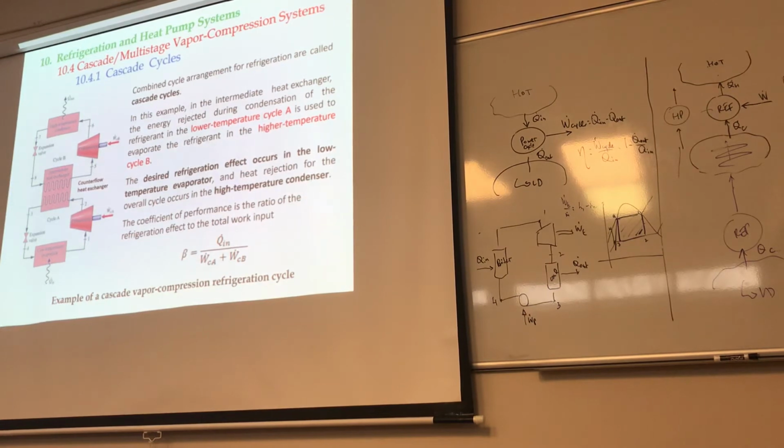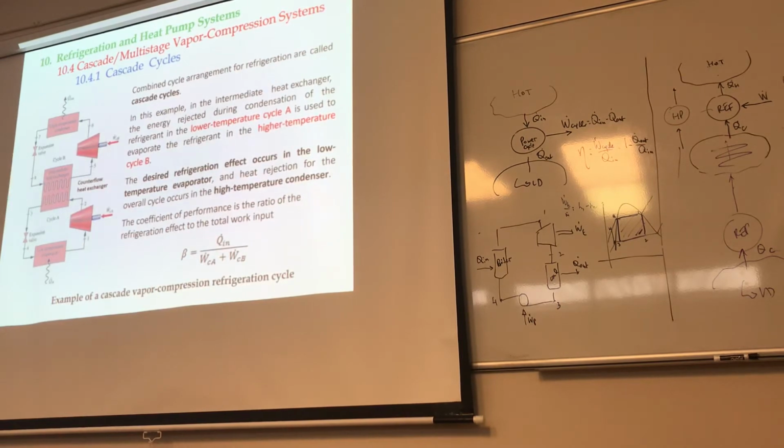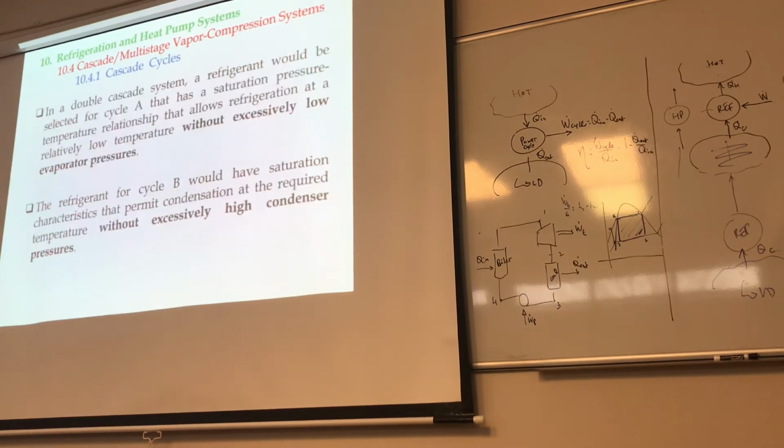However, when you look at the coefficient of performance, it's really the output, which is Q in, divided by the input. Now the net input is the sum of the two, right? That means the work of the compressor at A plus the work of the compressor at B. We've done this for the vapor power cycles when we use different fluids and so forth.